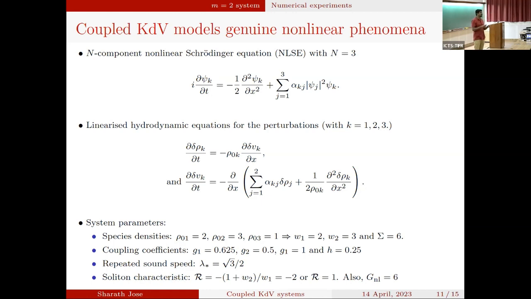We concluded this because we haven't found any more conserved quantities beyond the 3 that I've mentioned here.